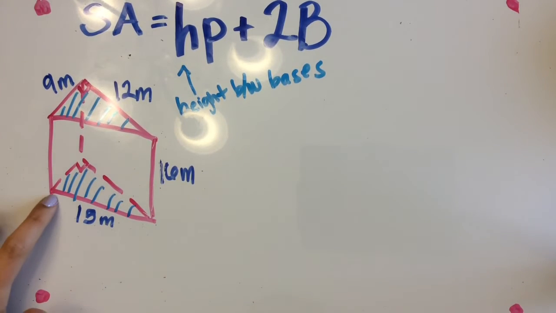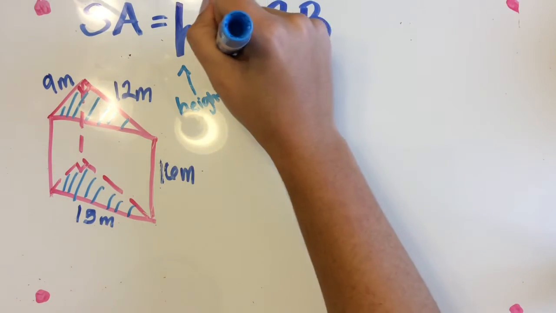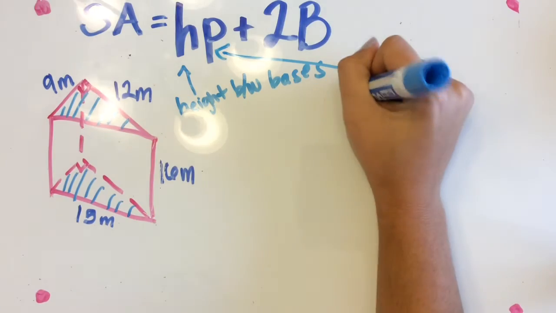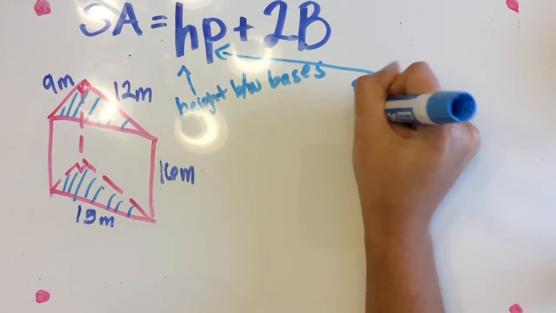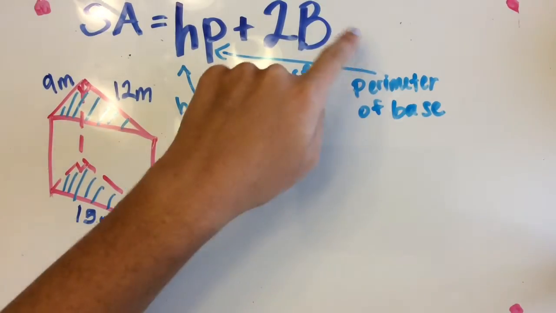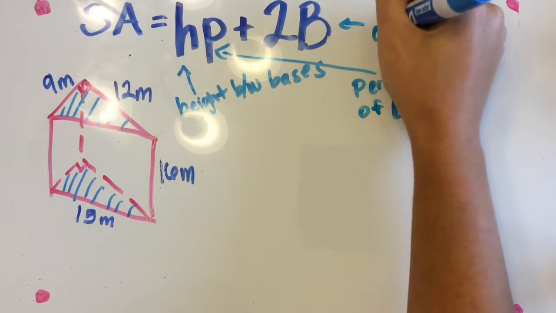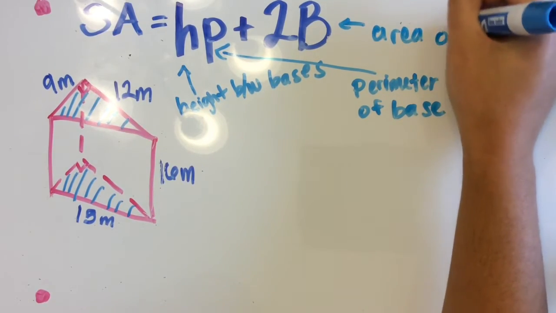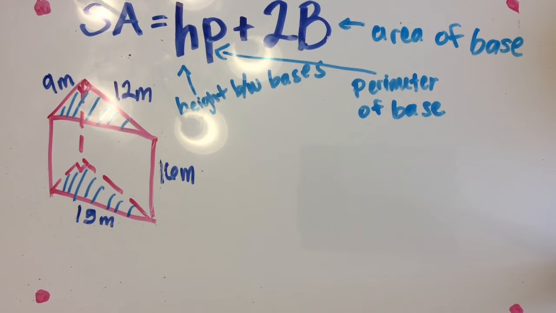Perimeter is the length of all the sides of the base added together. We just need to use one of the bases for that. And then this big capital B is the area of the base. We take one of the bases and find the area.